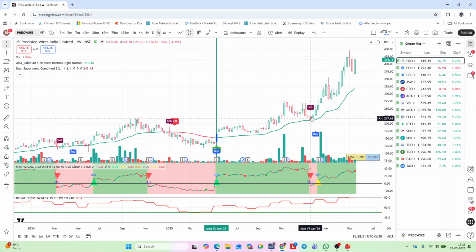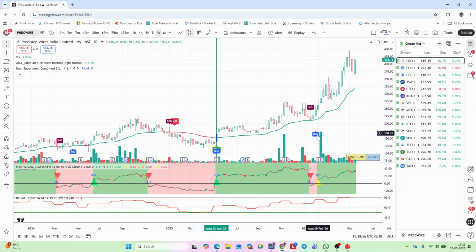Here, if you can see, one time Super Trend 1 has given me a sell signal. So what will I do? I will go ahead and book 25% of my position, so I will still be in the trend with 75%. If next week there had been a red candle here, then probably I would have booked the balance 75% and got out of the trade.